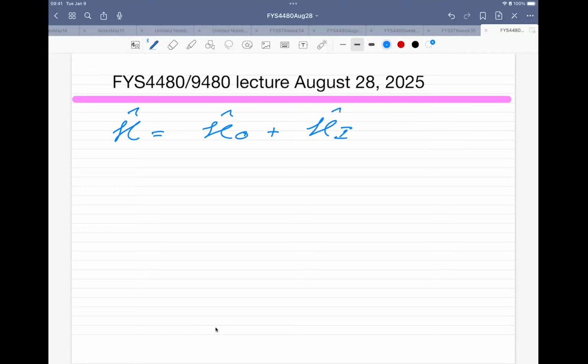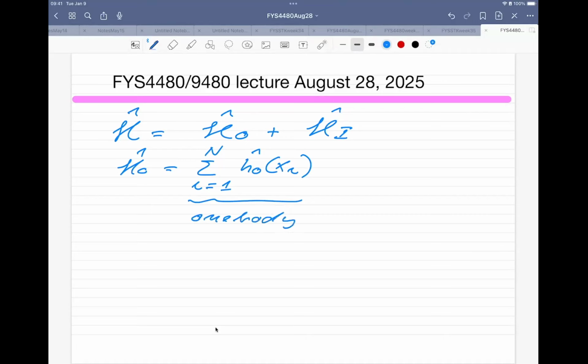So this H0, just to remind you, since we're now dealing with all the quantum numbers, we have a notation where we start with particle 1 up to particle N. So uppercase letter N stands for the number of particles which we're going to deal with. And then we have an operator which we call a one-body operator, which acts on one particle at a time. So this is called a one-body operator.